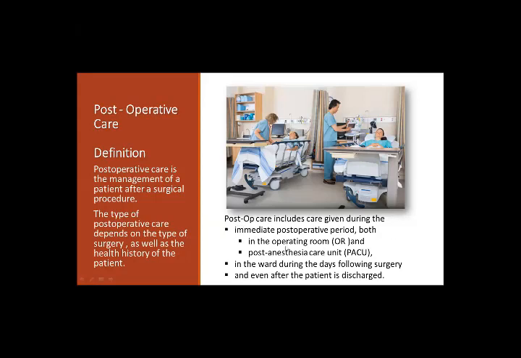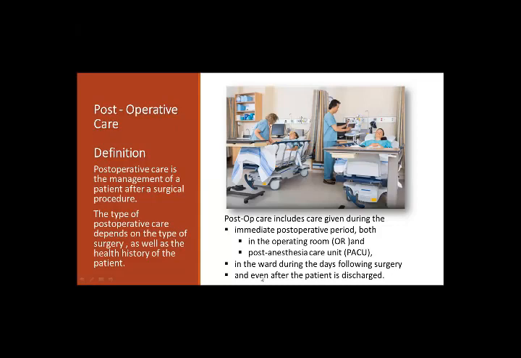This is the care in the operating room just after surgery and in the post-anesthesia care unit. Following that, it would be in the ward and ICU after surgery. This care will continue even after the patient has been discharged and comes for follow-up visits to the outpatient department.